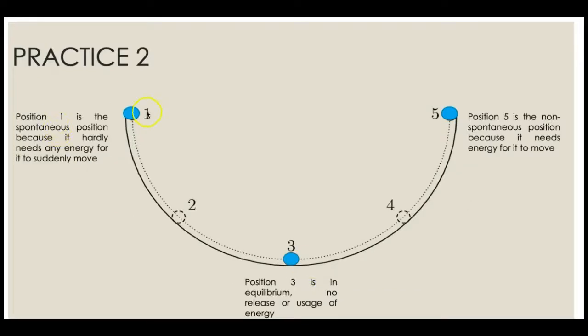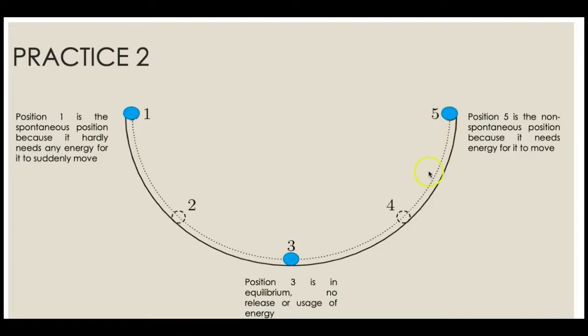Therefore, position 1 is the spontaneous position because it hardly needs any energy to suddenly move. And when it falls into the U form and reaches the 5th position, it is the non-spontaneous position because it needs energy to move from the potential energy here. Once it started moving, it started releasing kinetic energy.